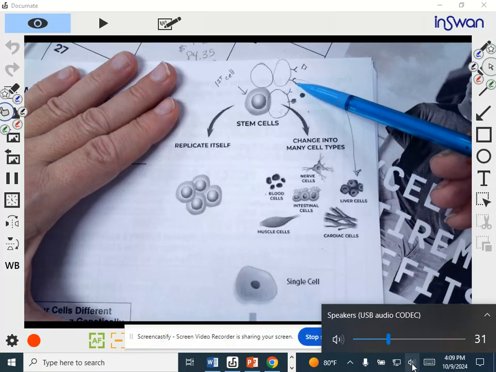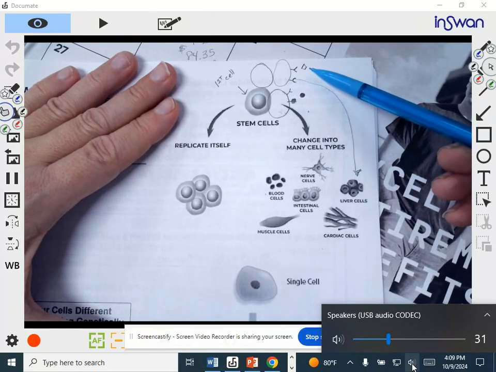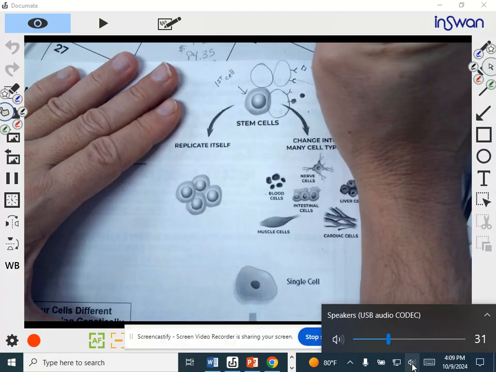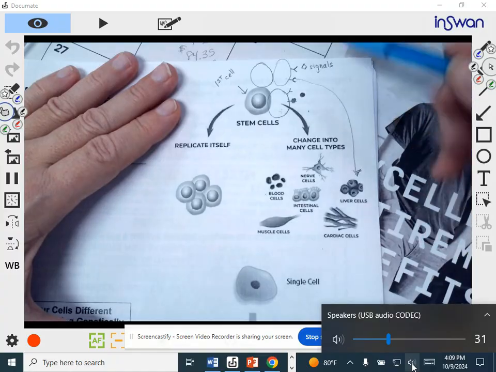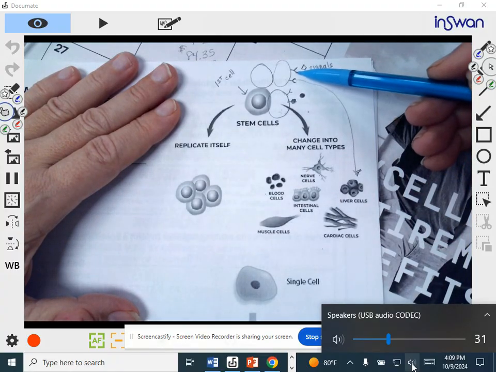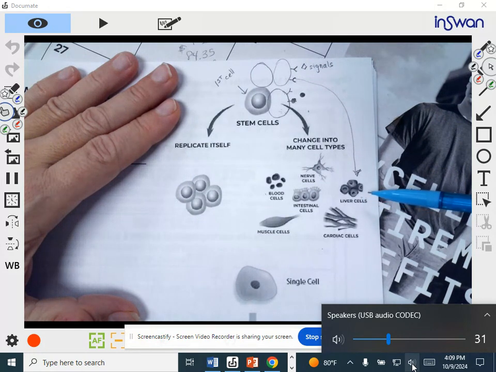Now, if this cell would have gotten that signal, this cell would have turned into a nerve cell, but it didn't. It got a different signal. So let's indicate these are different signals. And since this cell received a different signal, it didn't turn into a nerve cell, it turned into one of your liver cells as your liver was developing before you were born, okay?